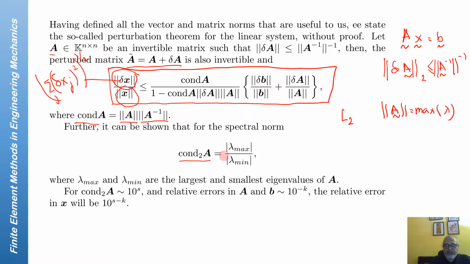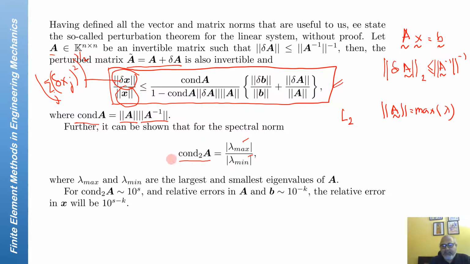So the condition number of the matrix governs the amount of error caused, given the errors incurred in the right hand side vector b or in the matrix A. It is a ratio of the maximum and minimum eigenvalues, and this relation allows us to measure how large the errors are going to be.